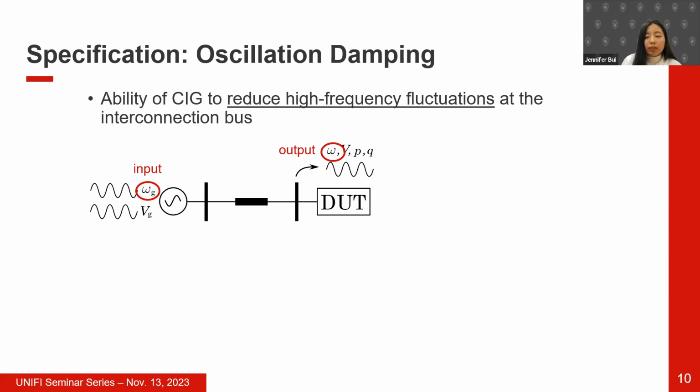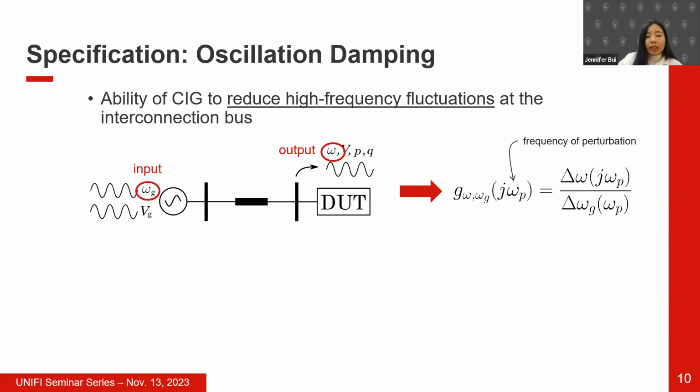Since we are interested in frequency stability, we look at how frequency at the converter bus responds to perturbations or disturbances coming from another source. This is the transfer function that captures that relationship here.